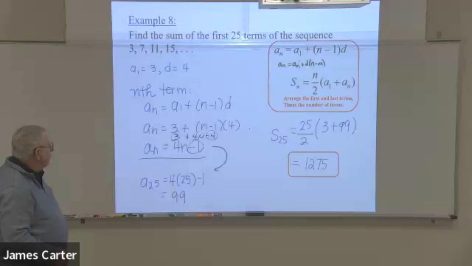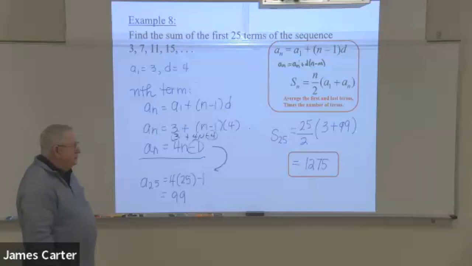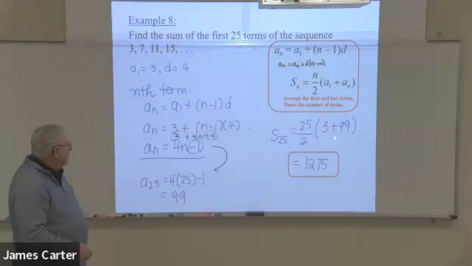No, way wrong. Anyway, it works out to that. This is the point where you get your calculator out. Actually, all you'd need the calculator for would be 25 times 51.